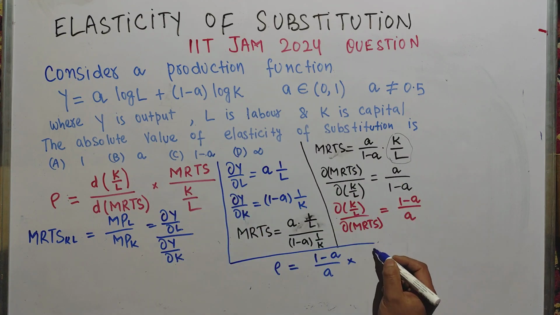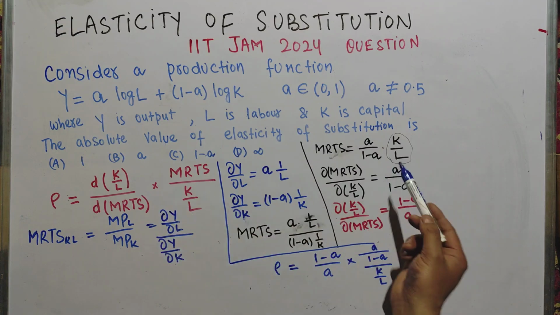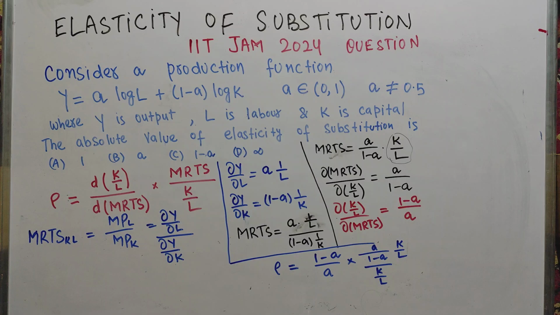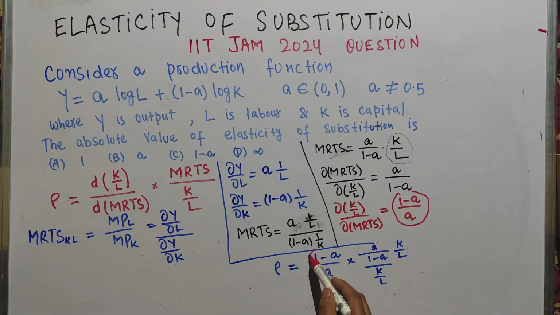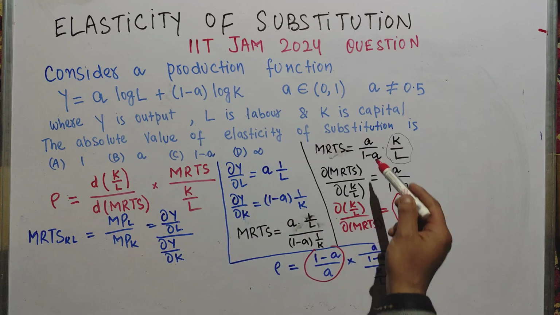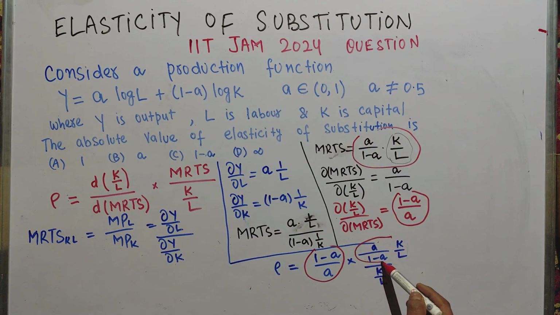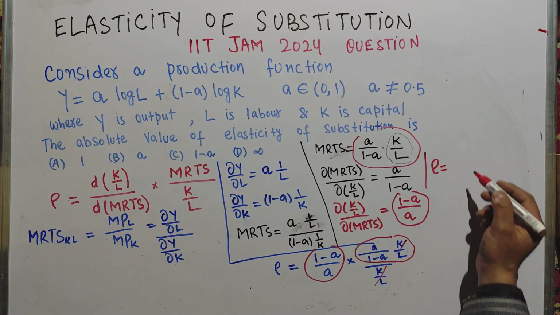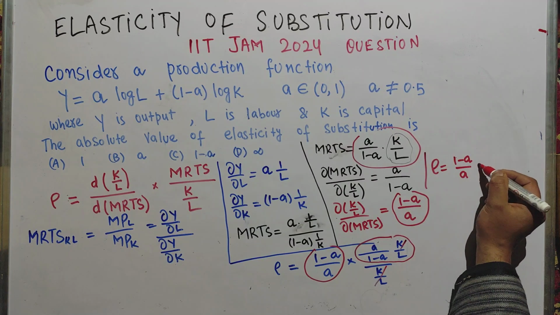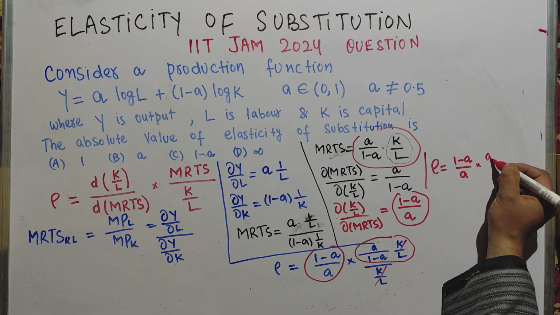MRTS we calculated as this very function, a divided by 1 minus a times k upon L, and this is divided by the capital labor ratio, K upon L. Okay, so here K/L and K/L get cancelled, so we are left with 1 minus a divided by a into a divided by 1 minus a.